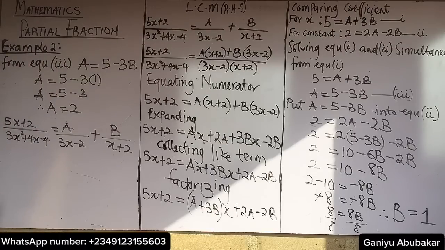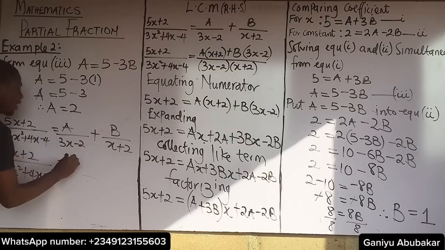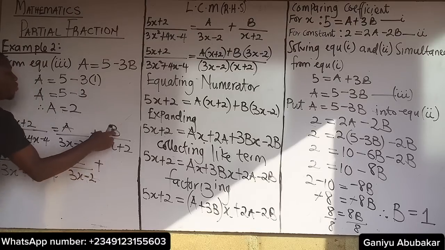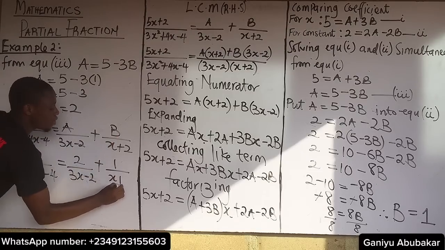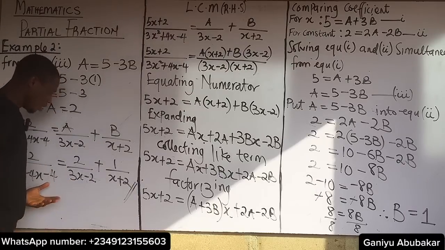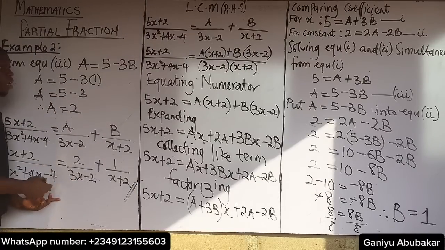If I resolve this partial fraction, I'll have this equal to, what's a? a is 2 all over 3x minus 2, plus b. What's b? 1 all over x plus 2. So this is how you resolve this question in the form of partial fractions.